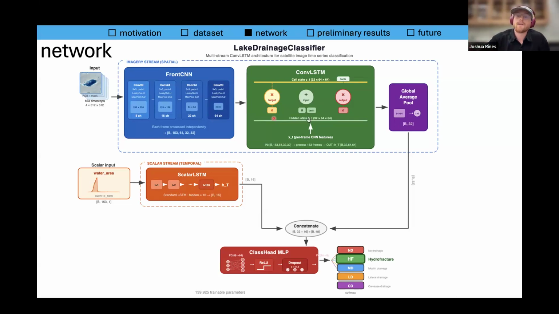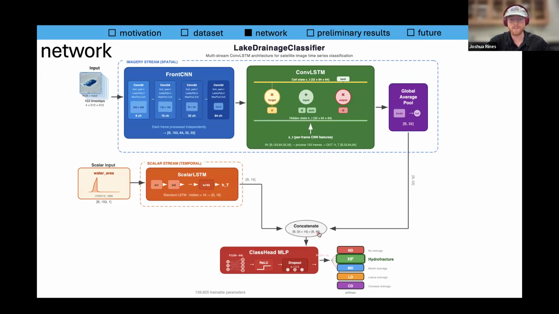They are correlated. After pulling the output features from the temporal LSTM, we combine those with what we saw before, which is that water area curve, or that scalar representation, which implicitly exists right in this imagery. But what we found is if you explicitly give the network this water area curve, because there is a high correlation between rapid and hydrofracture, for example, and slow and lateral, for example, it helps focus the network and take care of some of those edge cases.